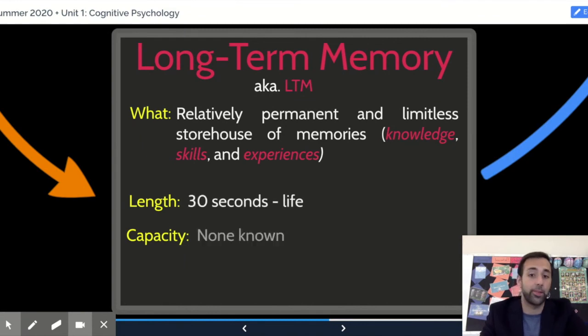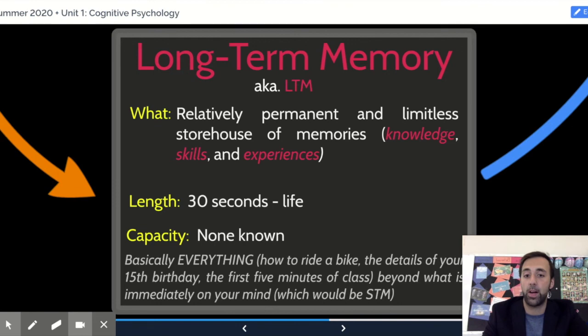Currently, there is no known capacity to your long-term memory. It's basically everything that's existed outside of the 30-second window that your short-term memory includes. So every life experience is in long-term memory, and at least as of right now, unlike short-term memory, there's no raw capacity. Again, short-term memory is stuck at 5 to 9. We don't have any definitive number for long-term memory.